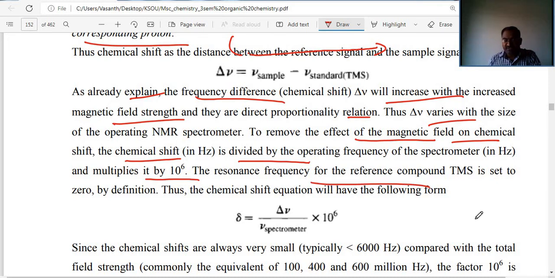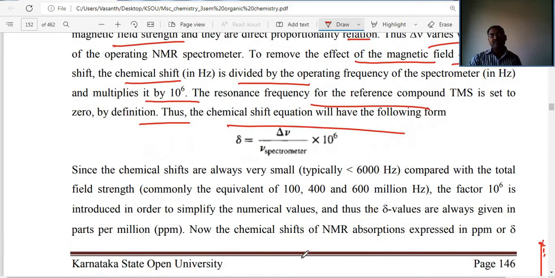The resonance frequency of the reference compound, tetramethylsilane, is set to 0 by definition. Thus, the chemical shift equation will have the following form.